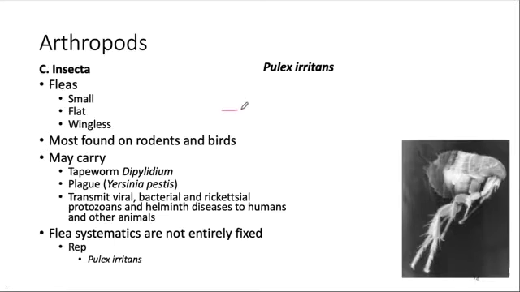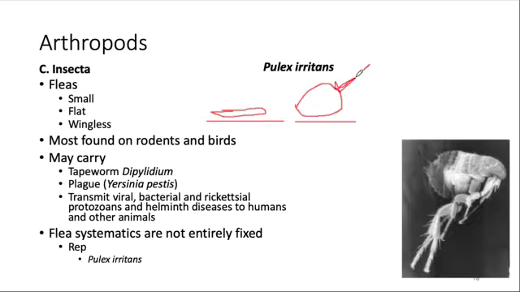You could have flatness in this direction of an organism with respect to the earth, and then you could have one that is flattened in such a direction with respect to the earth. Fleas are flattened in this manner.